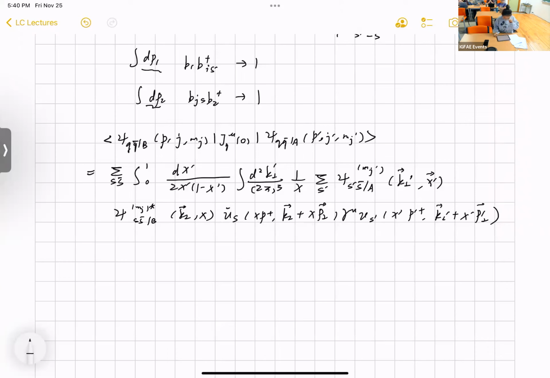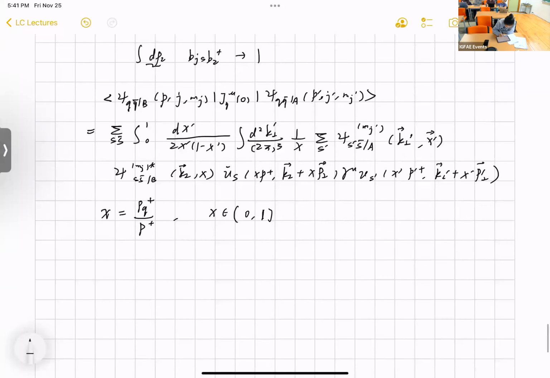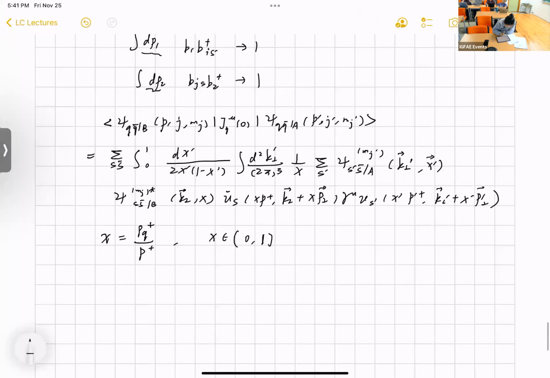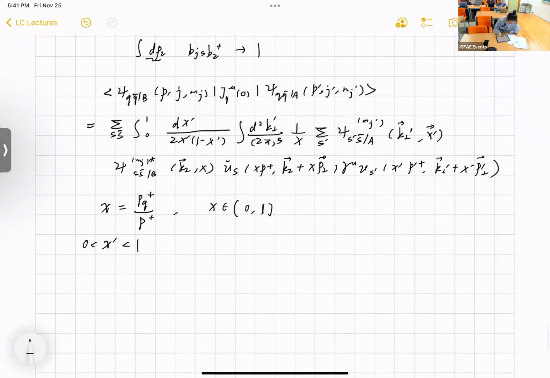But there's one thing that we need to specify: this x, recall that we defined it last time, is the longitudinal momentum fraction of the quark over the meson, and its value should be between 0 and 1. Of course, we disregard the 0 mode. This should apply also to x prime, so my x prime should also be between 0 and 1.